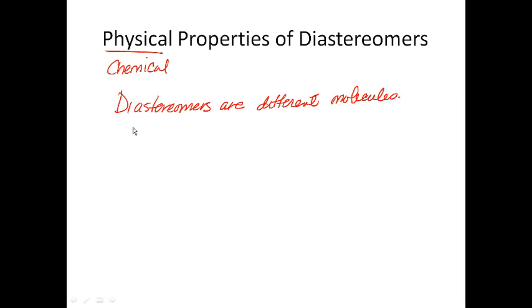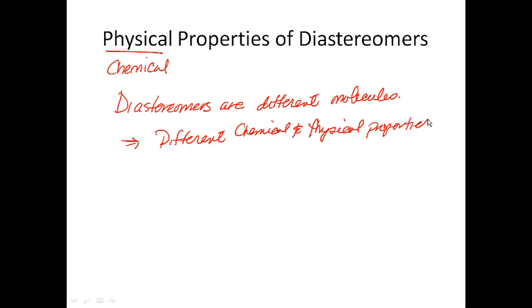And therefore, they have different chemical and physical properties. So if you have two molecules that are diastereomers, they have different boiling points, different melting points.